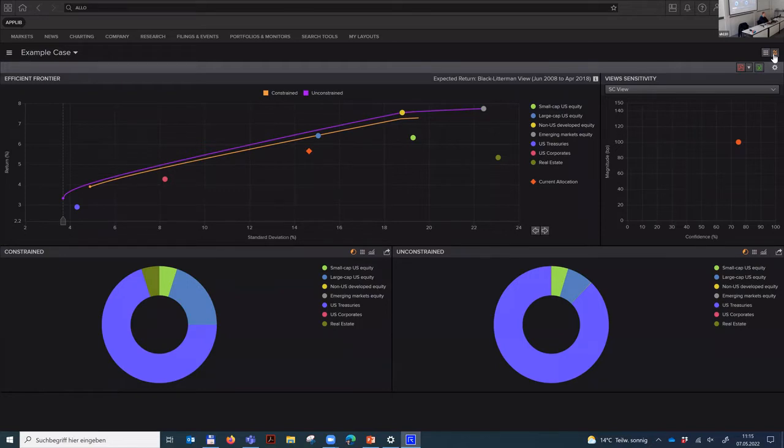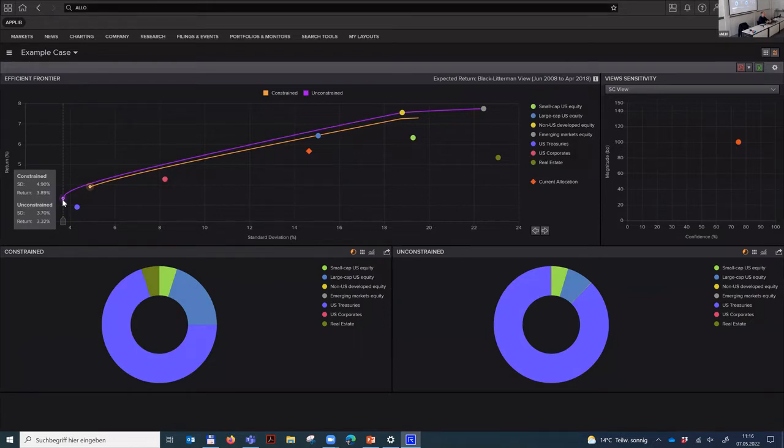However, you will observe at the end a graphical perspective of an efficient frontier. An efficient frontier with constraints and an unconstrained. Let us pick, because this is what we're doing usually here, the unconstrained one.